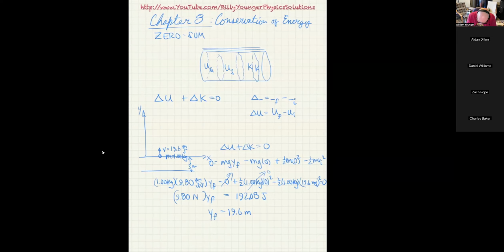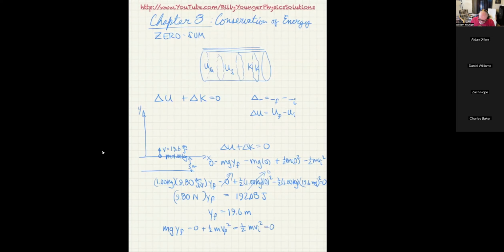So what we really had was m times g times y final. That was the final potential energy, minus 0, plus 1/2 m v final squared, minus, which remember that was 0 as well. In fact, I'll go ahead and leave it with a 0 here, but I could have made that term a 0, but I'm choosing not to for a reason you'll see in a second. And now I have 1/2 m v initial squared.